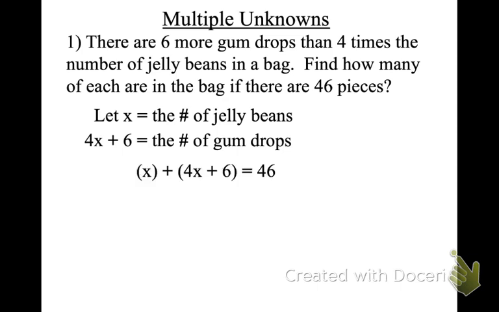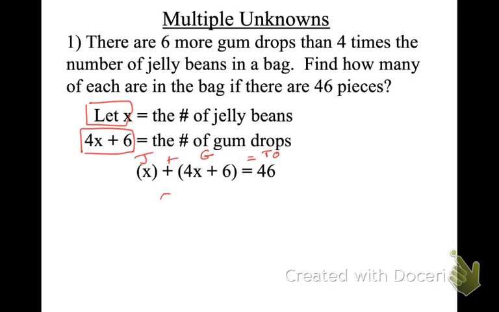So why are they doing this? Because we know that this is the translation for gumdrops, okay? We don't know how many of each. So if we add jellies plus gumdrops, it equals the total.